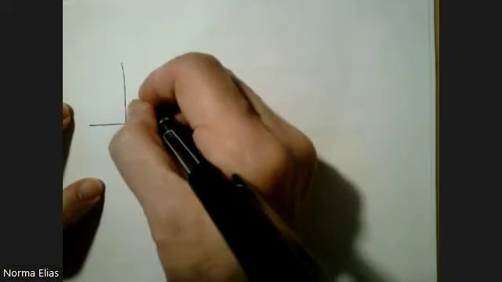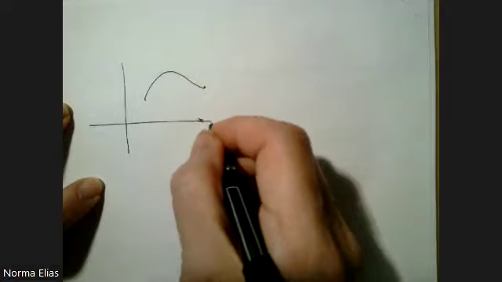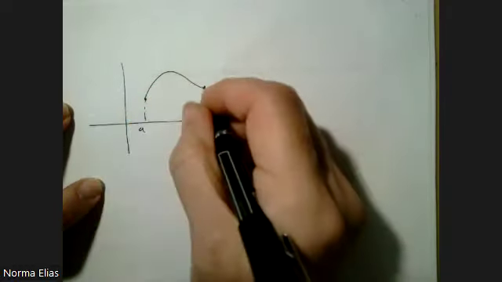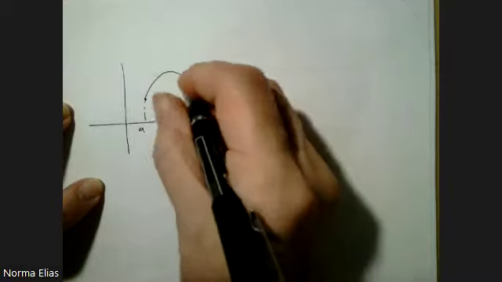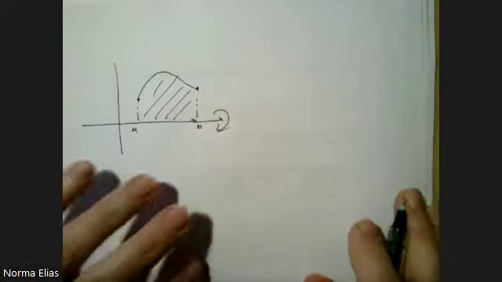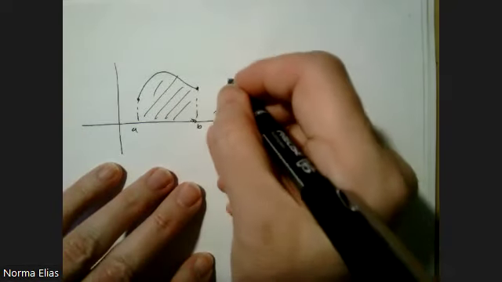So I draw the picture. So this is my function. That's f. As I said, f doesn't have to be increasing, nothing. So this is f. And we rotate. So that's the rotation right here.